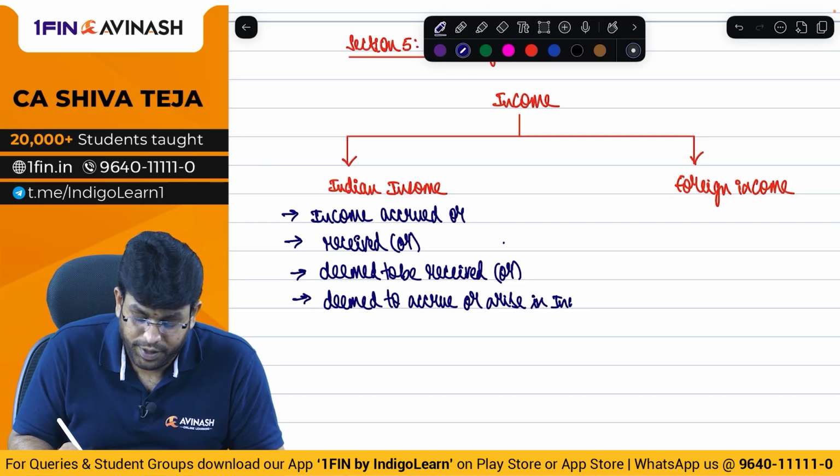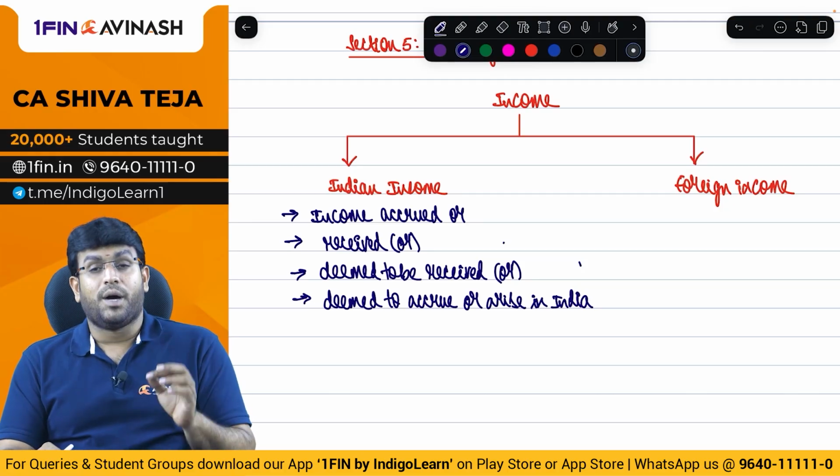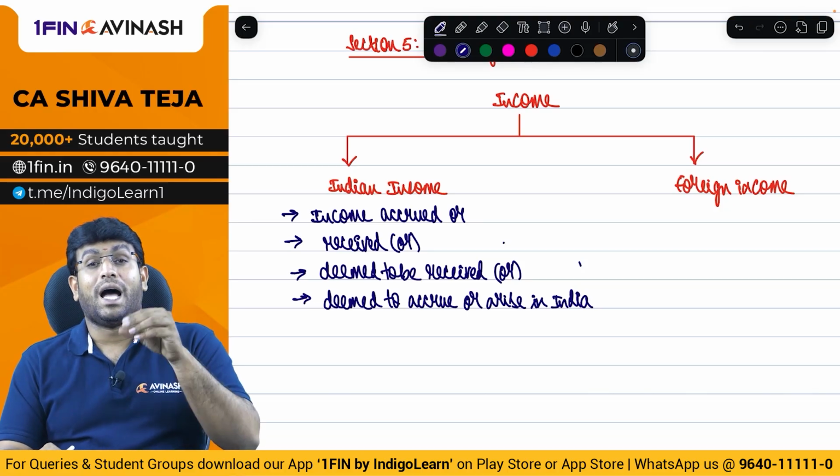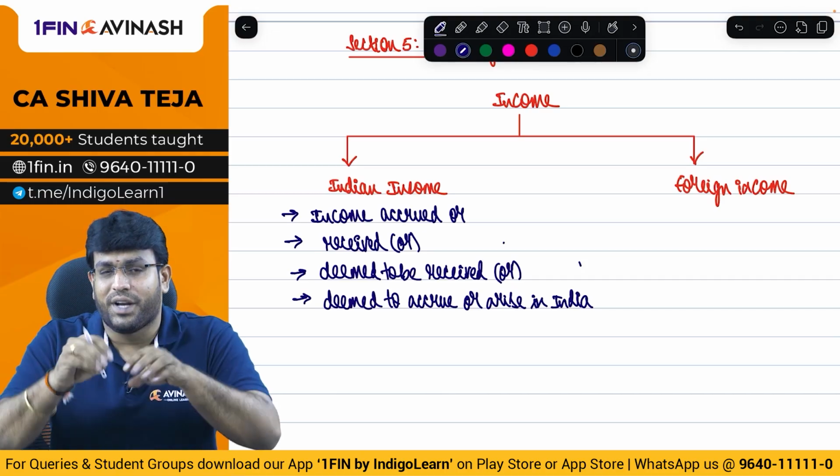Come on friends, when do we treat an income as Indian income? An income is an Indian income if income is accrued. Accrued means what? Generally income will accrue at a place where you have rendered the work.